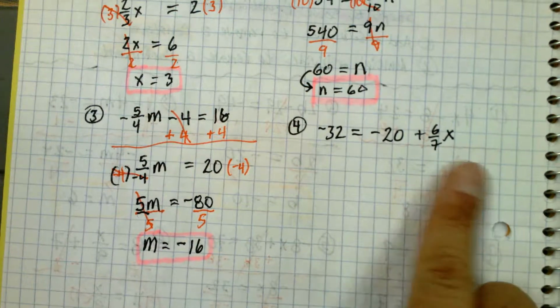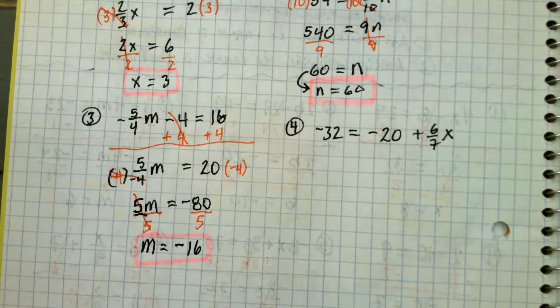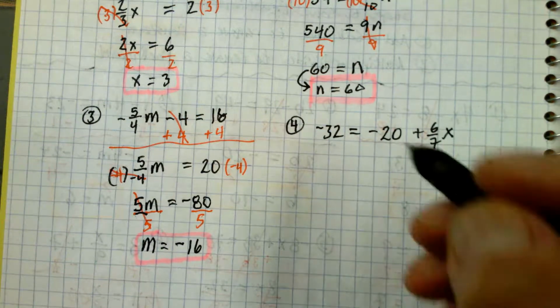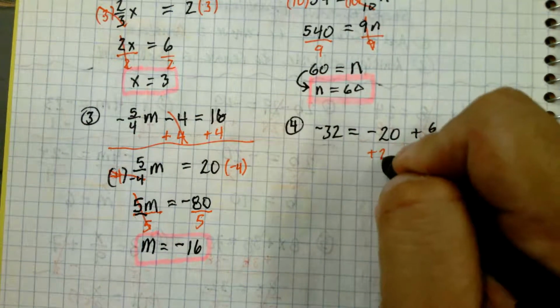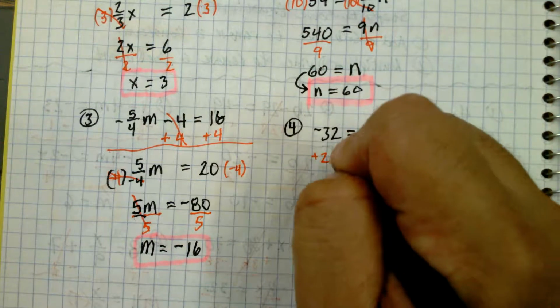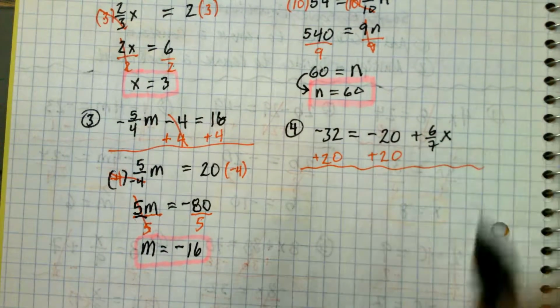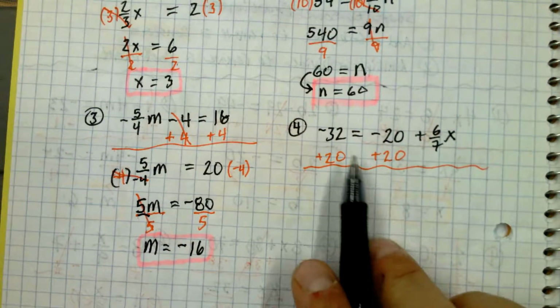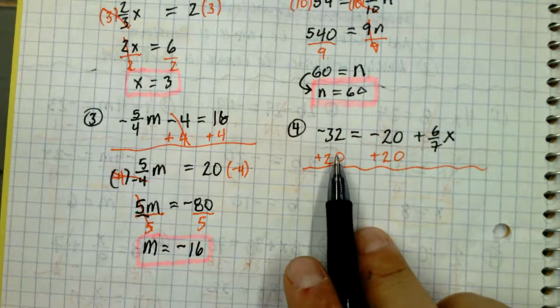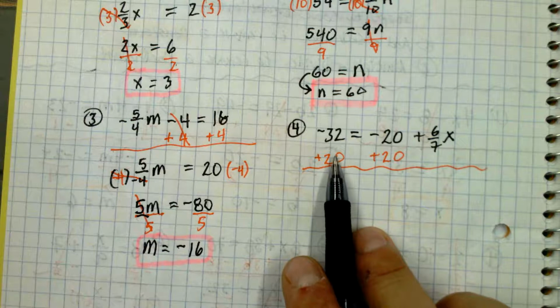So is it okay if we just solve it like this? What do we get rid of first? 20. It's got to go. So we want its opposite. Positive 20. Now when we're doing this step, think of it as adding with positives and negatives, and those rules apply.